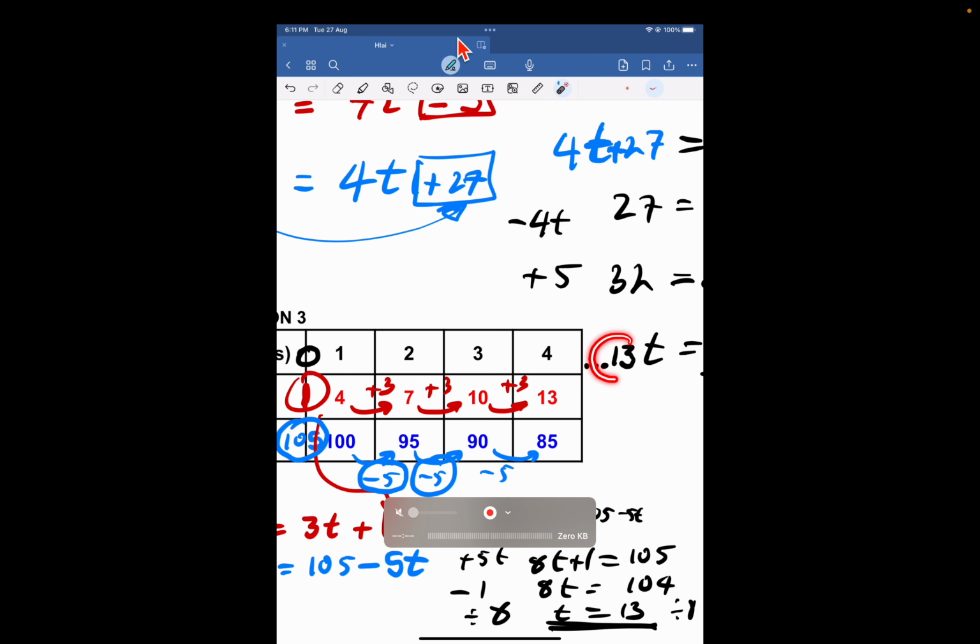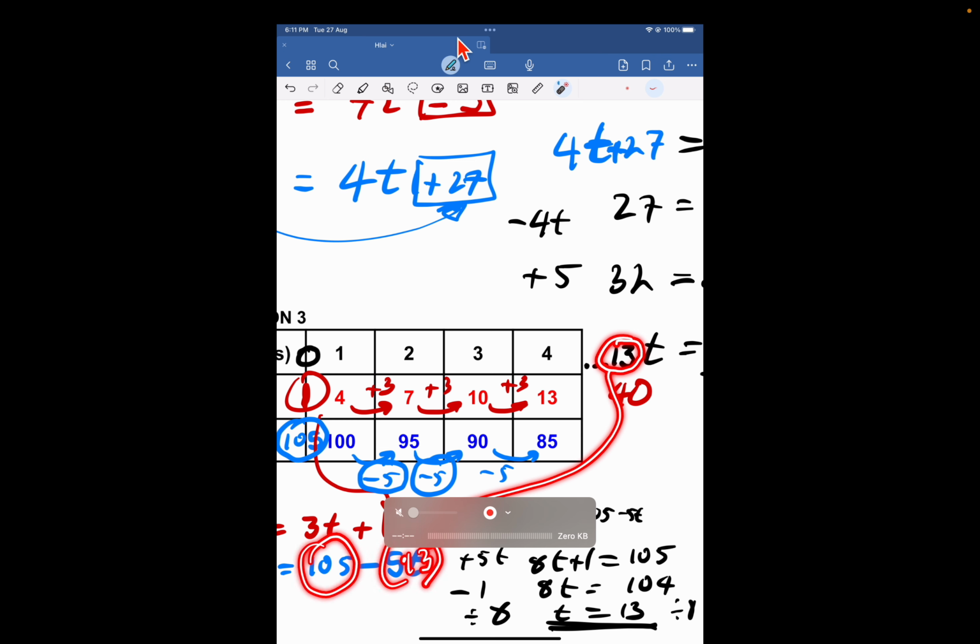So when we've got 13 here, we substitute it into the red rule. That's 3 times 13 is 39, plus 1 is 40. So the red number will be 40. Now hopefully the blue number will also be 40. Let's go ahead and try that. 13 into here. 5 times 13, I think that's 65.